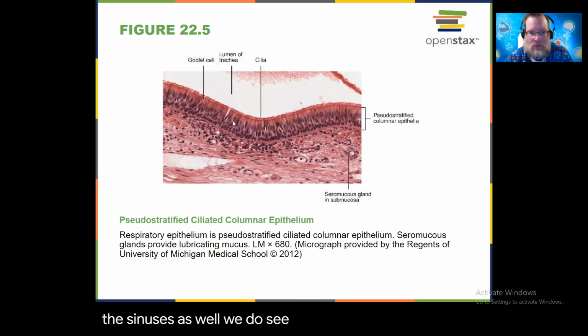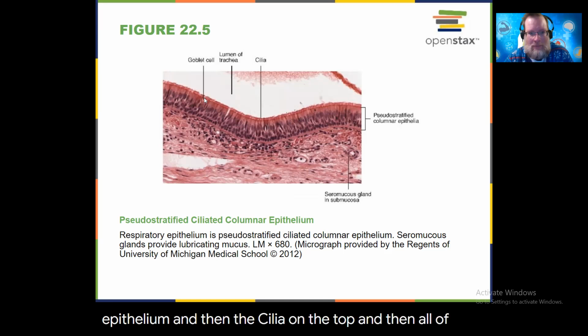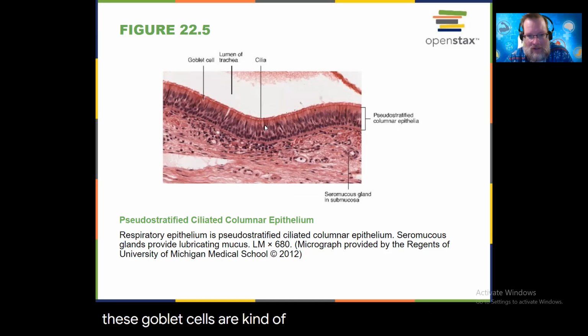We do see that pseudostratified epithelium, and then the cilia on the top, and then all of these goblet cells. They're these lighter structures that we see, like little containers that are going to secrete mucus onto the surface of that epithelium.